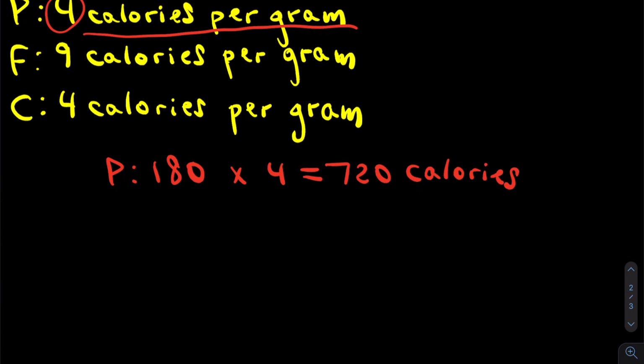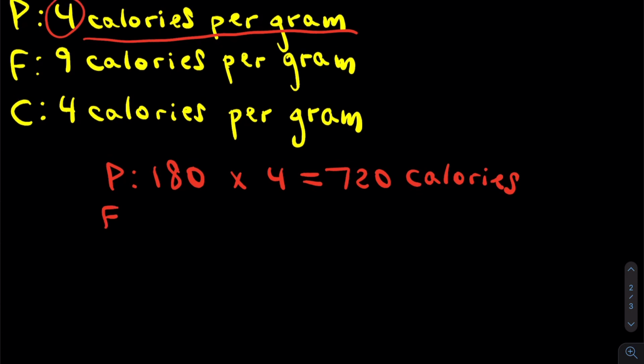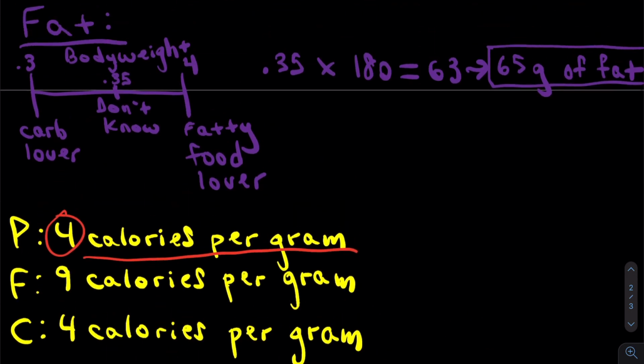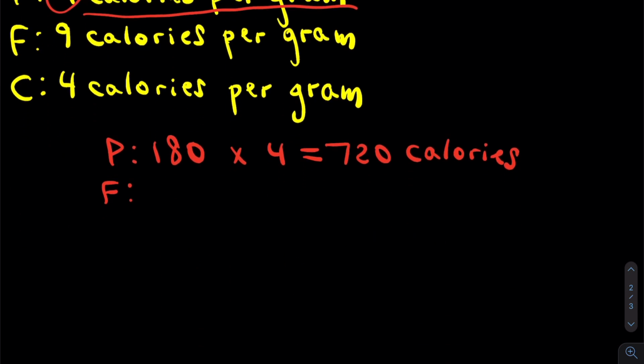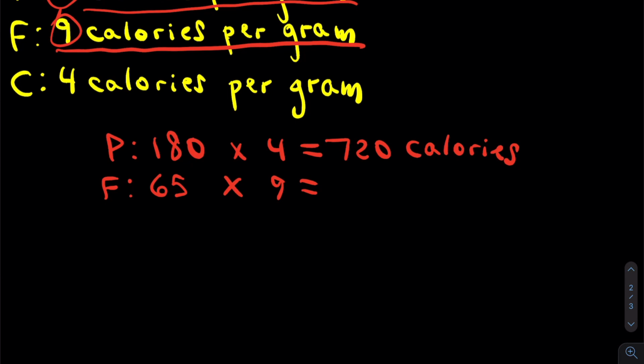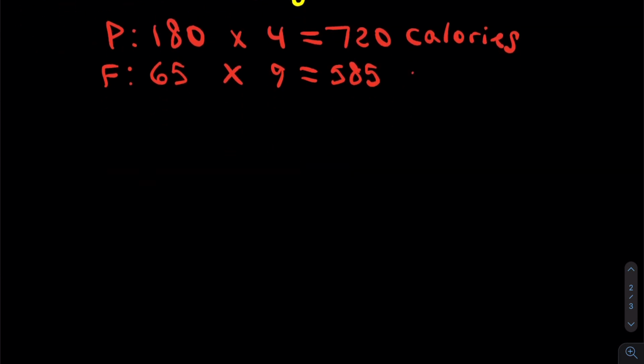All right, so for fat, we figured out that it was 65 grams of fat. So we're gonna incorporate 65 grams times what? Times 9, because there is 9 calories per gram for fat, as you see right there. So that equals to 585 calories.